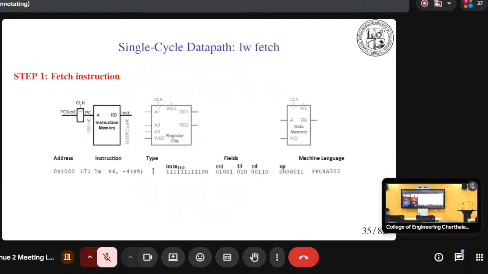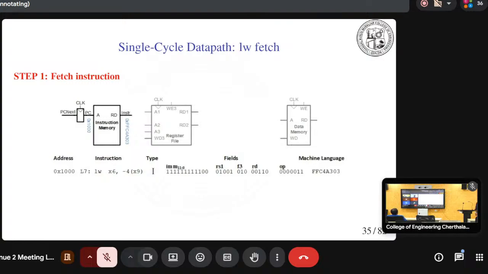Okay, so the instruction is in the instruction memory. The program counter loads the address. You all know the function of the program counter.